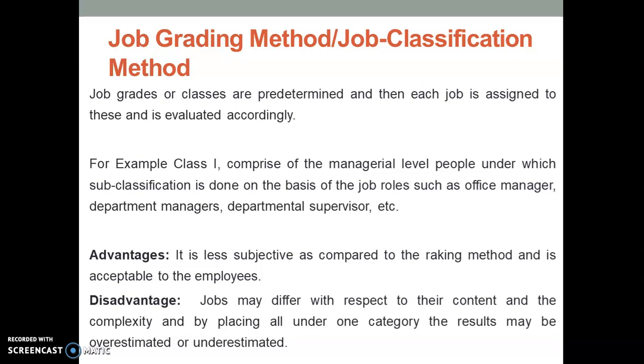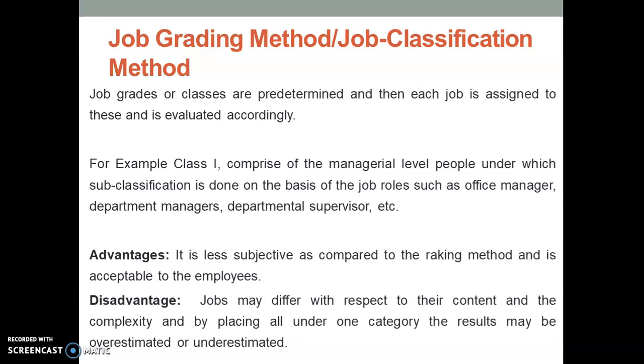So for the benefit of moving higher up the ladder, we add the grade pay. Along with that, we have basic salary determination, which comprises the pay band for a specific class of job. So for different job classes we have pay bands, and for those pay bands, we provide certain grade pay advancement.